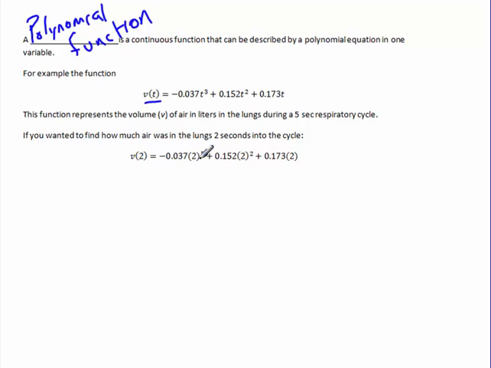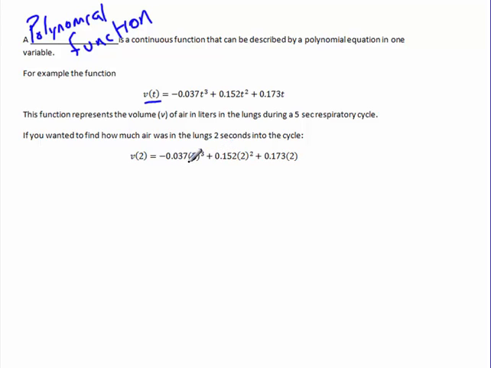Oh, forgot to back out my previous entry. I apologize. Negative 0.037 times 2 cubed, which is 8, plus 0.152 times 2 squared, which is 4, plus 0.173 times 2 to the first, which is just 2.